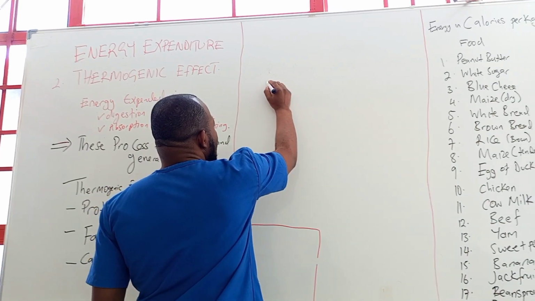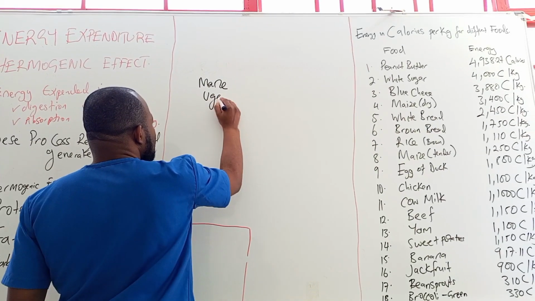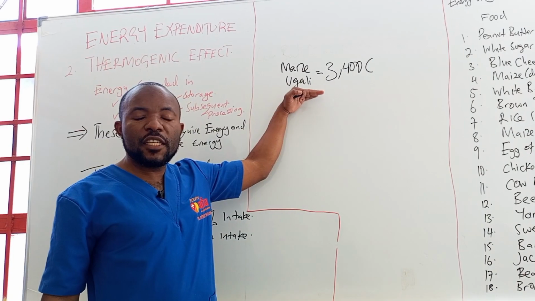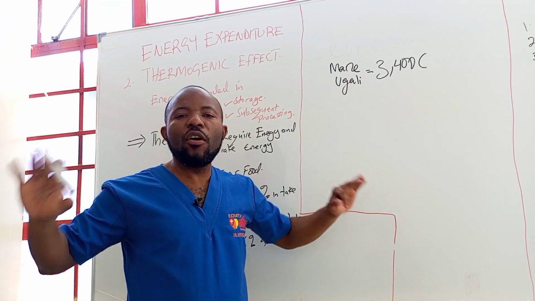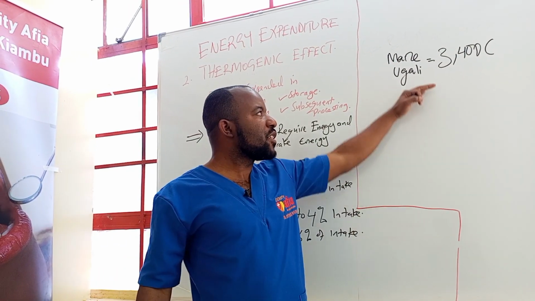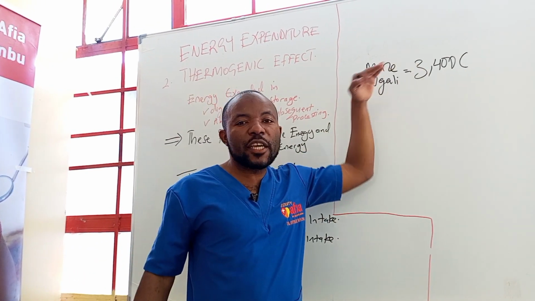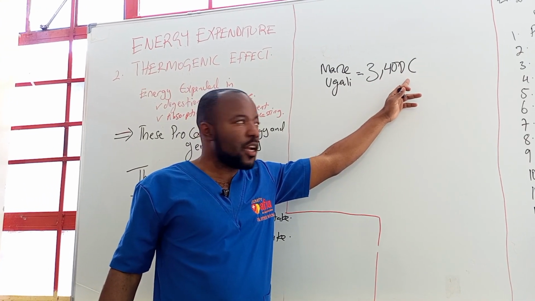That means if you are eating maize, this is ugali. If for example someone takes in maize alone the whole day for 24 hours, some people take in one type of food. If someone takes in maize worth 1 kilogram, it will contribute 3,400 calories.